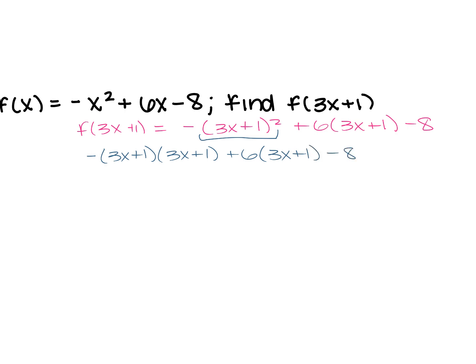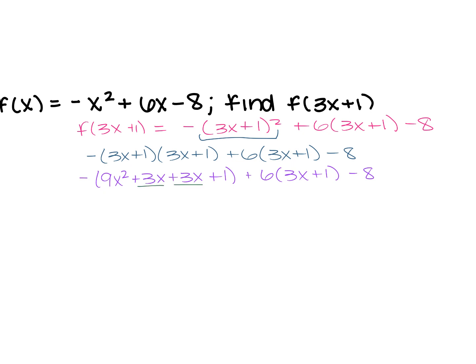Again, I'm going to FOIL the 3x plus 1 times 3x plus 1 first. This is going to give me the opposite of 9x squared plus 3x plus 3x plus 1 plus 6 times 3x plus 1 minus 8. From here, combine like terms inside the parentheses.